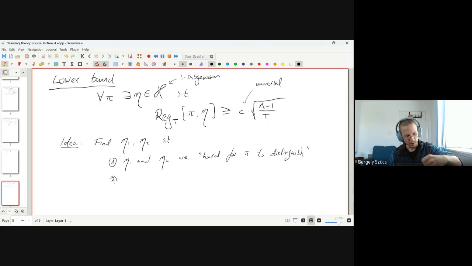And we'll be a little more precise about this. And the other is that the regrets for eta 1 and eta 2 cannot both be very small.